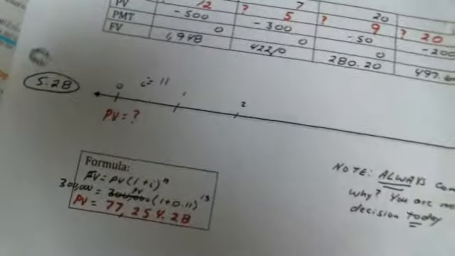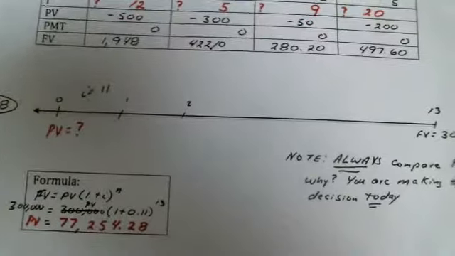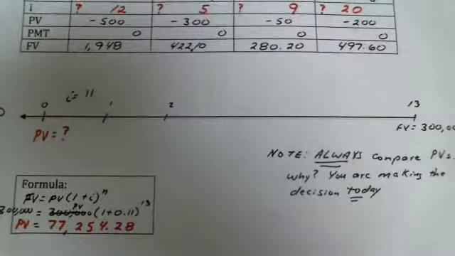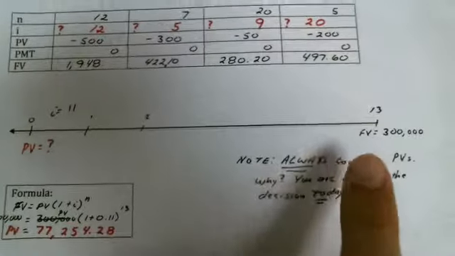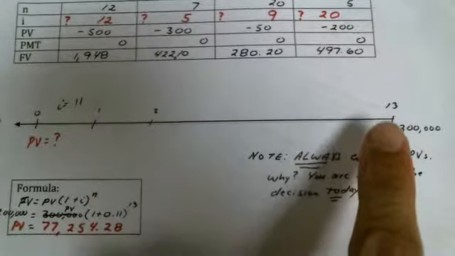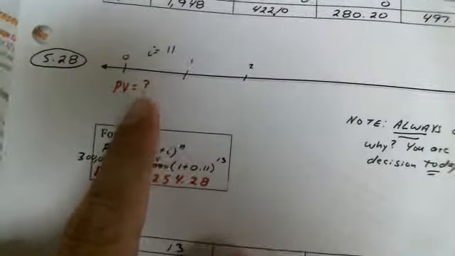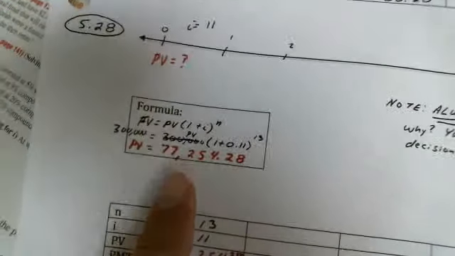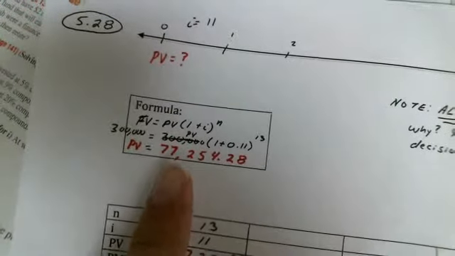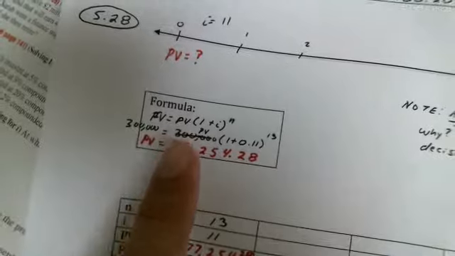The $100,000 you don't do anything with initially. Nothing. Just let it sit there. And I'm going to take the future value of $300,000, 13 years, discounted back at 11%, and find its present value. Here's my formula. Initially here, you see I made a small mistake there.